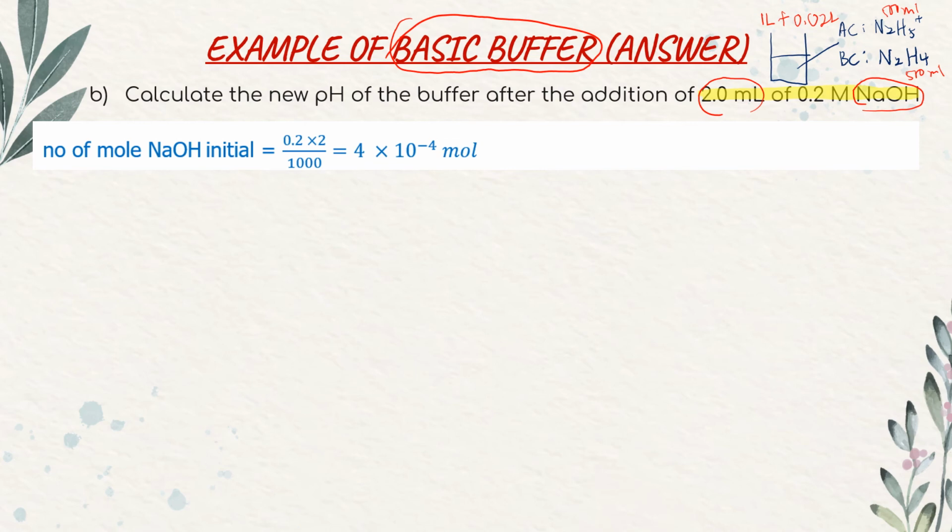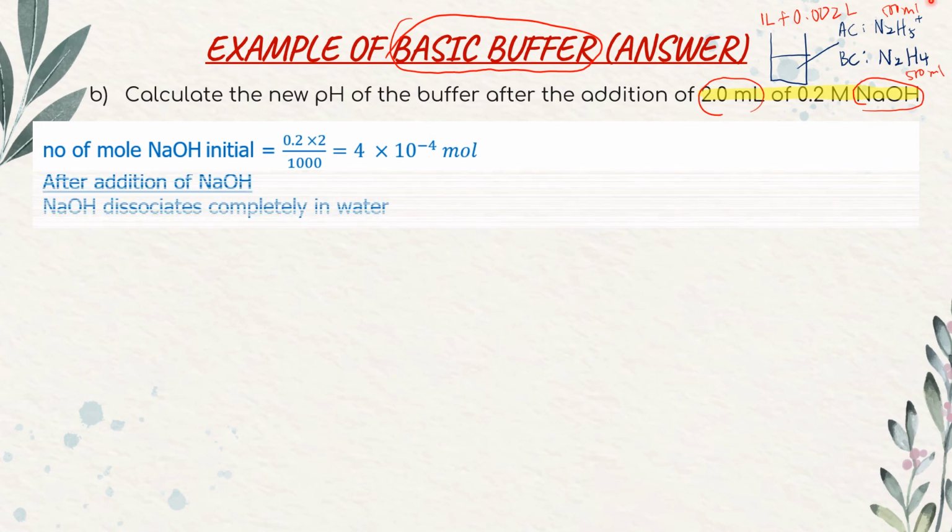Dia bukannya 0.02. Tapi sebenarnya dia adalah 0.002 liter. Sebab apa? 2 mililiter sahaja. Okay. So, when we add 2 mils of sodium hydroxide, the total volume will change. So, kita kena kira lah dulu total volume yang baru.